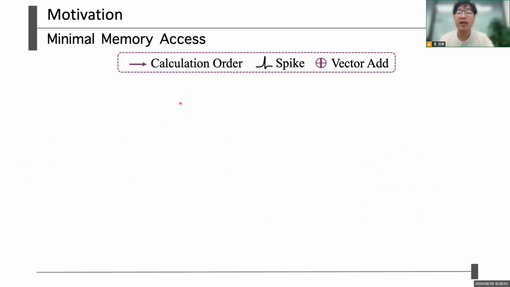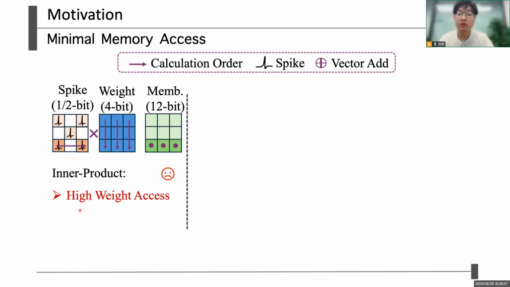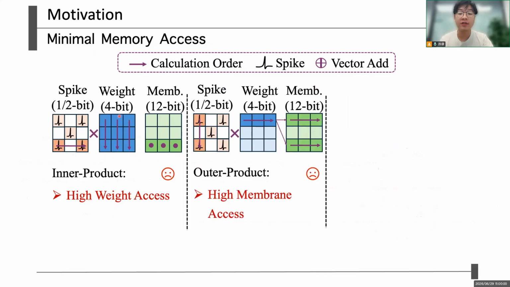To further improve the energy efficiency in neuromorphic hardware, minimal memory access is important for the efficiency of elastic inference. In previous neuromorphic hardware, the inner product dataflow reads one spike row and the entire weight matrix to generate one membrane potential row, leading to high weight buffer access overhead. The outer product dataflow reads one spike column and one weight row, but writes back the full membrane potential buffer.